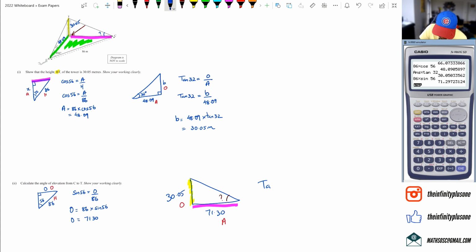So we're going to use tan of whatever the question mark is, opposite over adjacent. Maybe I'll put this as x for now.